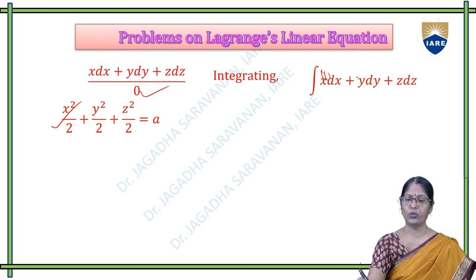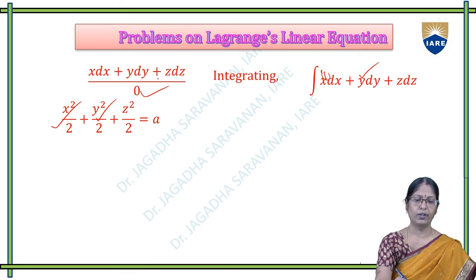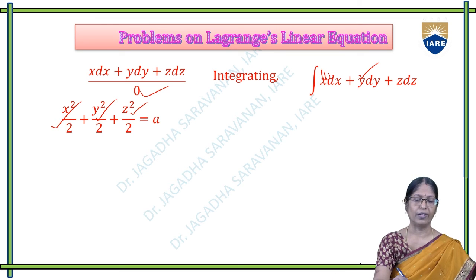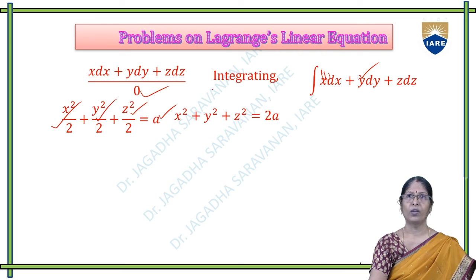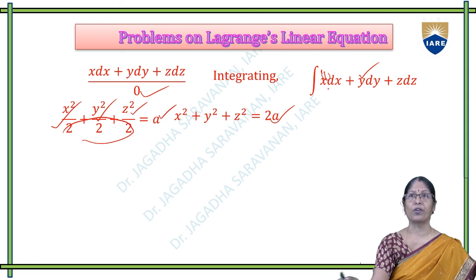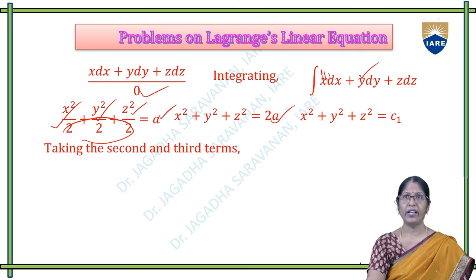The same here also, y power 1, y square by 2, and z square by 2, which is equal to some constant, a. We have taken the LCM, the 2 we brought to the right side into a. So x square plus y square plus z square equals c1. Next, we are taking from our question the second and third terms.